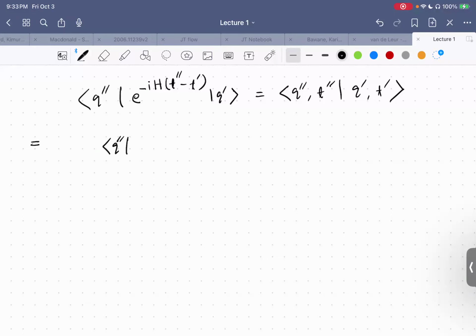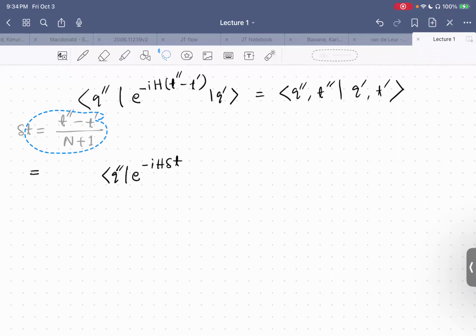This is where we want to end up. Let me define delta t. We are going to split up our time interval into n+1 small pieces. Our total interval is t double prime minus t prime, divided into n+1 pieces, so each small interval is of size delta t.